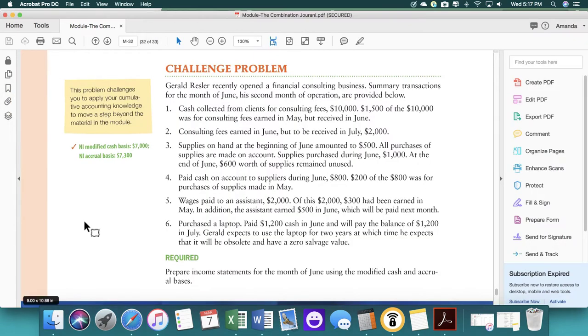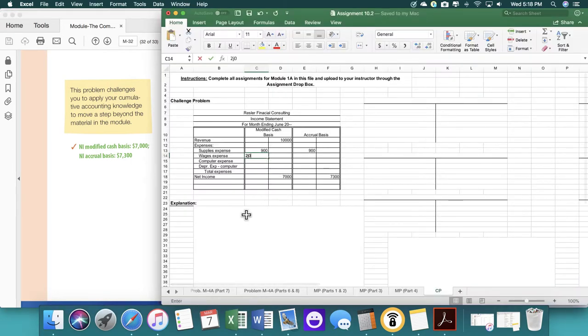Wages expense. Wages paid to an assistant of $2,000. So that is what we're going to use for the modified cash basis. Unfortunately, the accrual basis is going to be a different story.